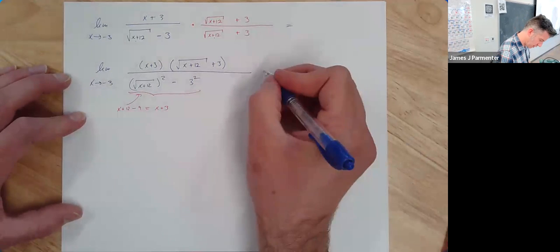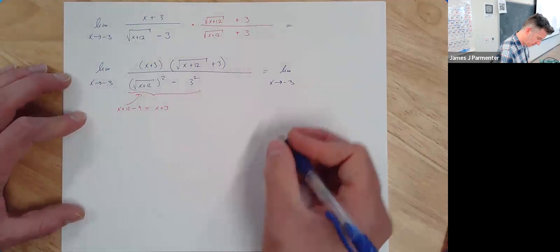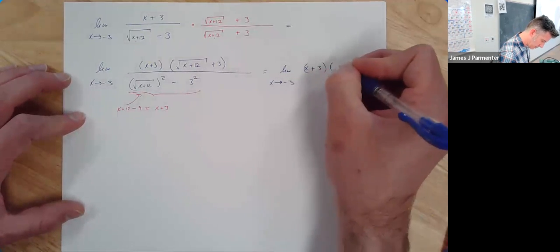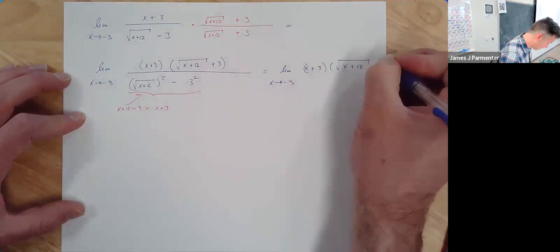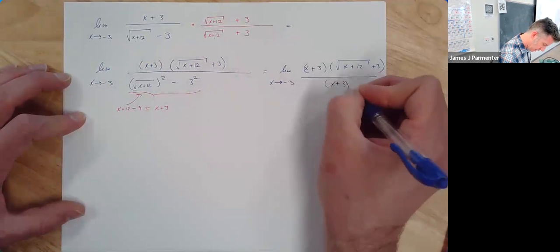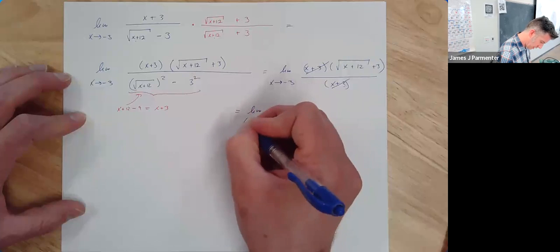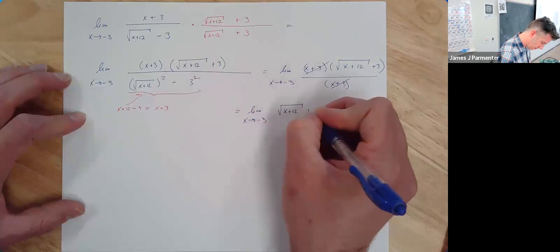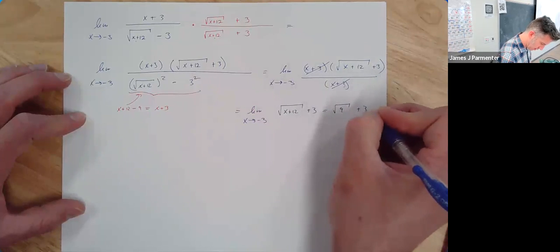So I'm trying to save a little bit of writing here just so I can give you more examples. Then we've got limit as x approaches -3 of x plus 3 times the square root of x plus 12 plus 3 all over x plus 3. And those x plus 3's cancel. So we're just left with the limit as x approaches -3 of the square root of x plus 12 plus 3. Then we plug in the -3, and we get the square root of 9 plus 3, which is 6.